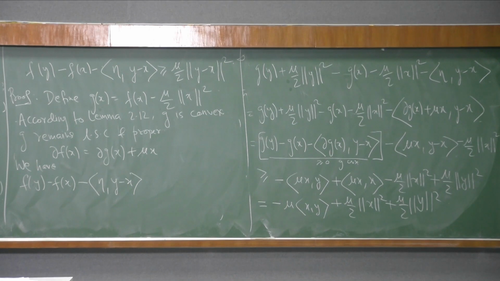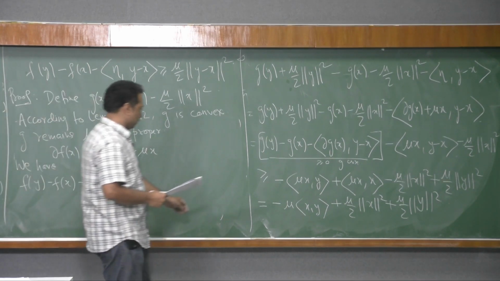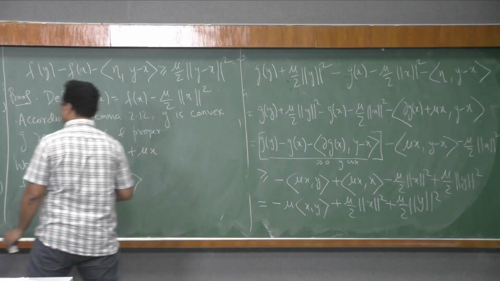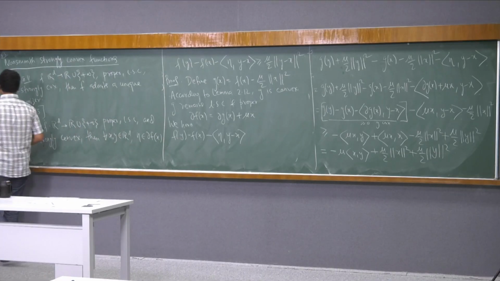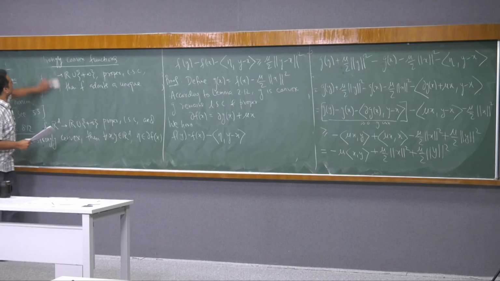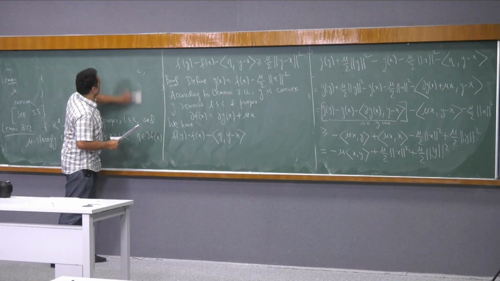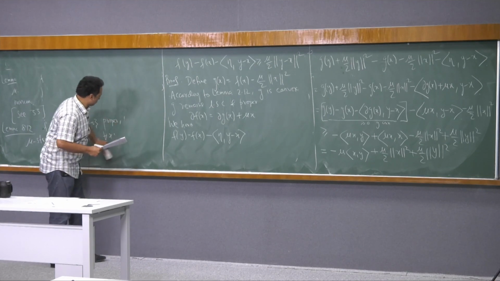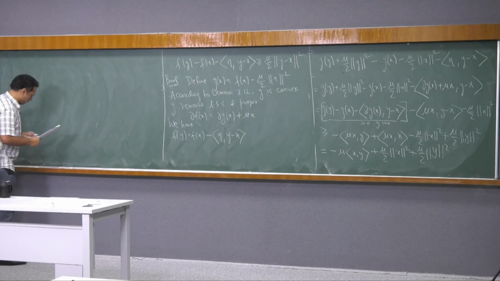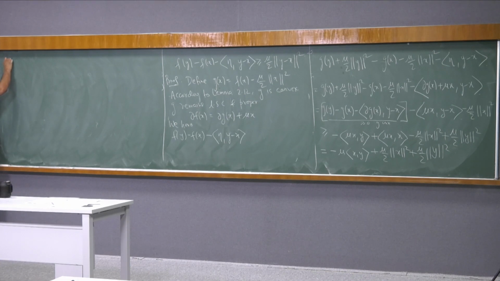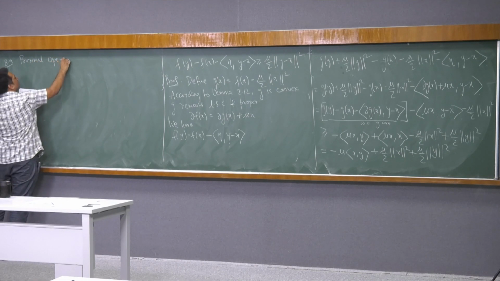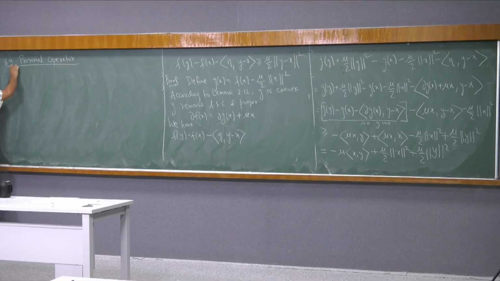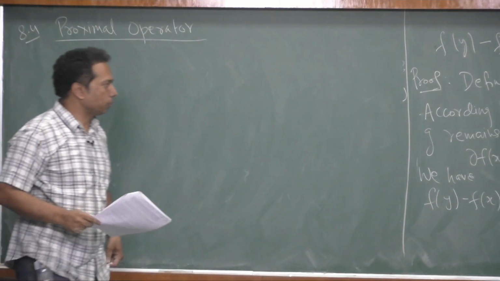Now let us look into 8.4. We introduced something called the proximal operator. This is a very good idea, and it is used a lot in doing analysis. Via the proximal operator you can go to something called a fixed point.